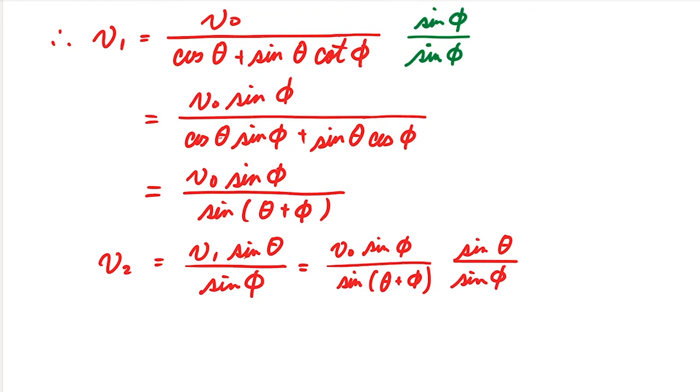You get it? Because that whole thing is just that much, so I have to multiply by that. And then do you see the sine phi cancels? So what we get, V2 happens to be V naught sine phi over sine theta plus phi.